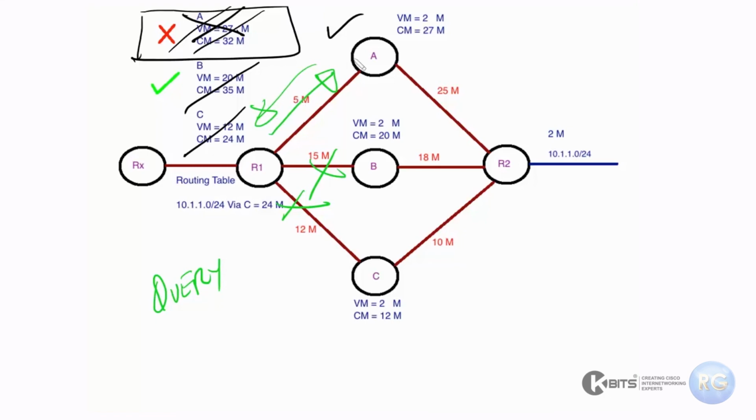It goes into active state, finds the route from A. Active means it queries. He sends a query, he sends a reply back. It says, okay, thank you very much. I got the route. Now this route becomes the successor, but it didn't pull it out from the topology table. It had to query for it.